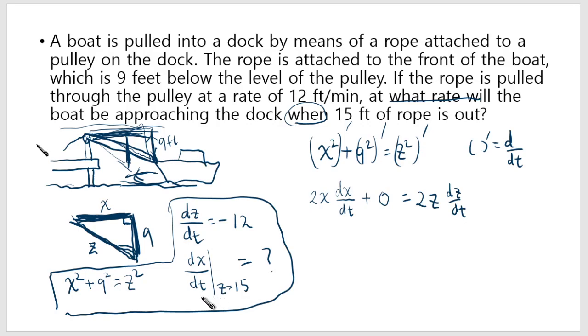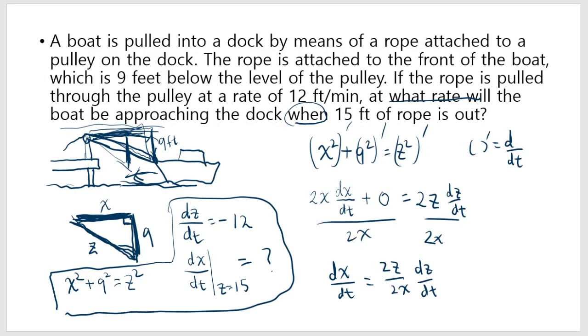Okay, keep in mind that our goal is to find dx/dt. So we have to isolate dx/dt by dividing both sides by 2x. The result is that dx/dt is equal to 2z over 2x times dz/dt, and the 2 cancels.